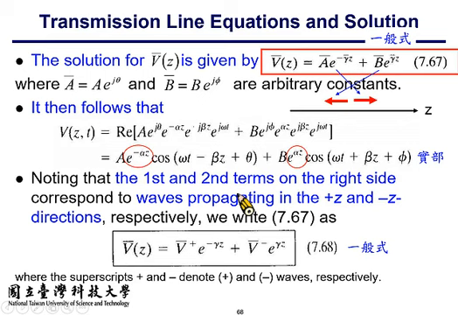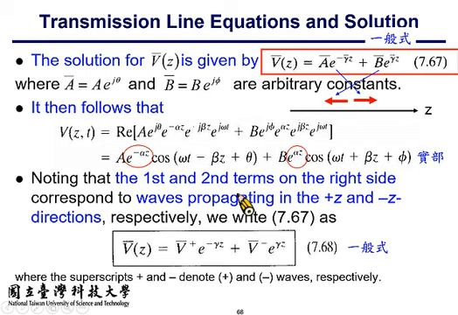on the transmission line. On the other hand, the second term, which goes from right to left, has its attenuation term labeled as exponential positive alpha z. So as z becomes smaller and smaller, which means the signal goes from right to left, the signal also becomes smaller and smaller, because the alpha z number becomes smaller and smaller.